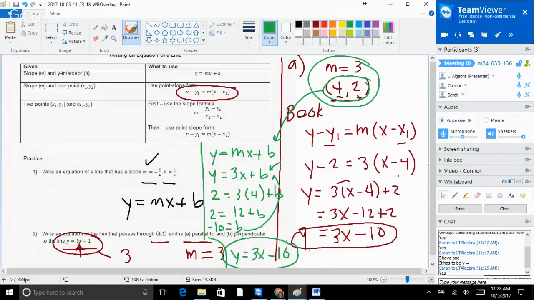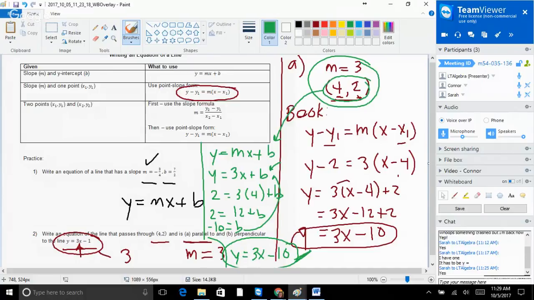So you see you end up with the same equation either way, right? 2 different ways to get there. I'm fine with you using either one. I tend to do the green one because I forget the point slope form, and I just know I plug in the slope and I plug in my point and I solve for b. But the point slope form works as well.